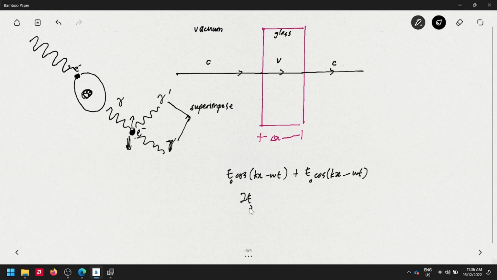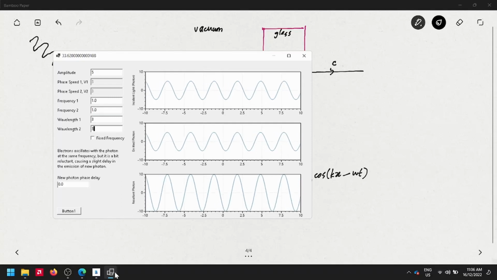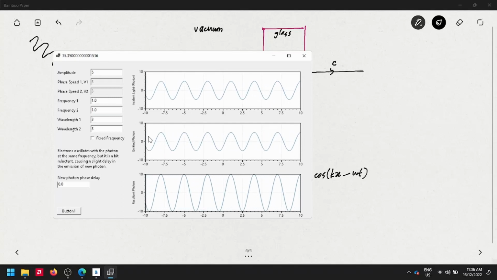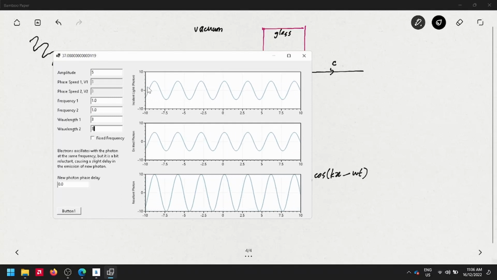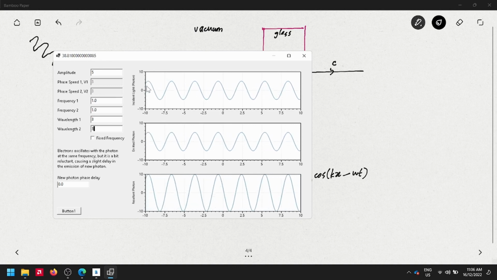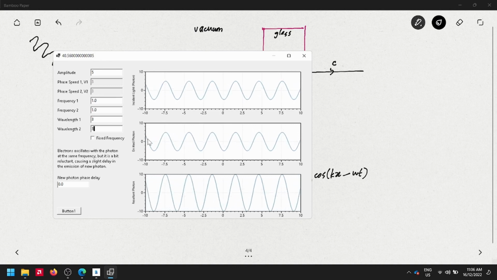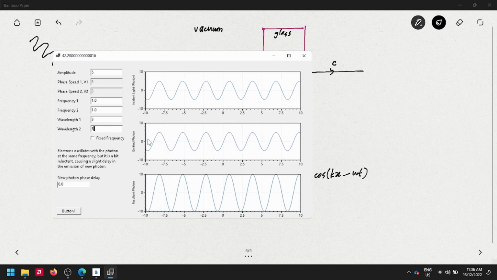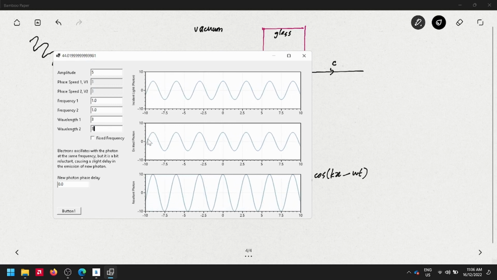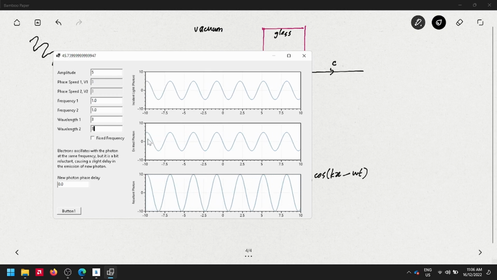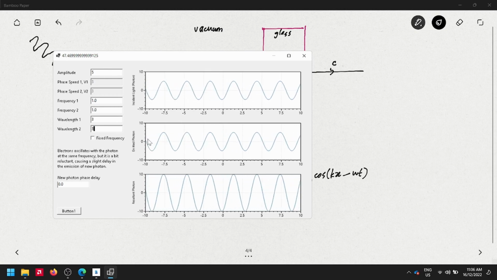So you will have 2 E naught cosine of kx minus omega t, E1 plus E2. So the amplitude will double because of the 2 E naught. That's why when you see here, the amplitude doubles. Initially, I've set it to 5 for the incident light as well as the emitted photon. But basically, the amplitude should not be the same. This is just an example, just to show you that light slows down when they superimpose.